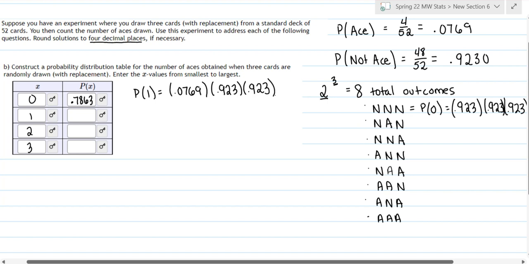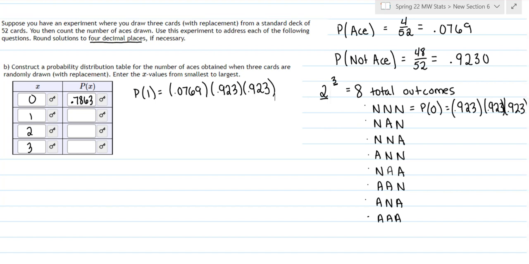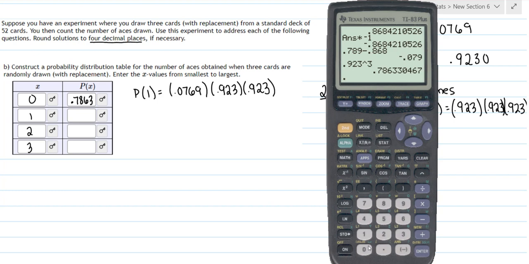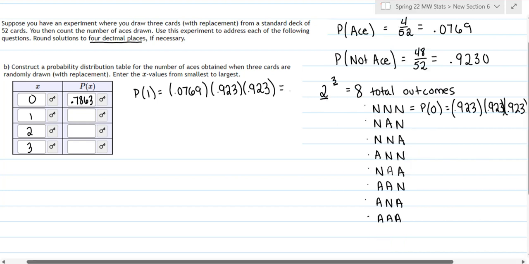Okay, so we do that. And that gives us 0.0655. But how many ways can I get 1 ace?